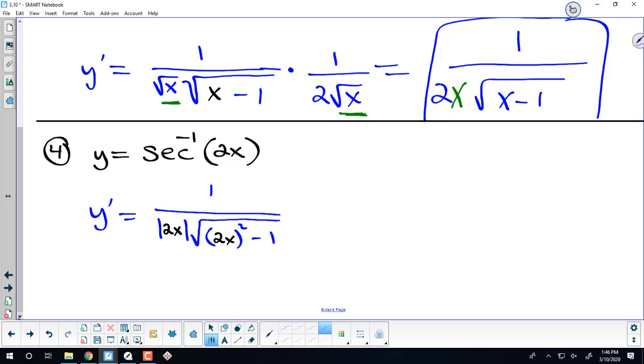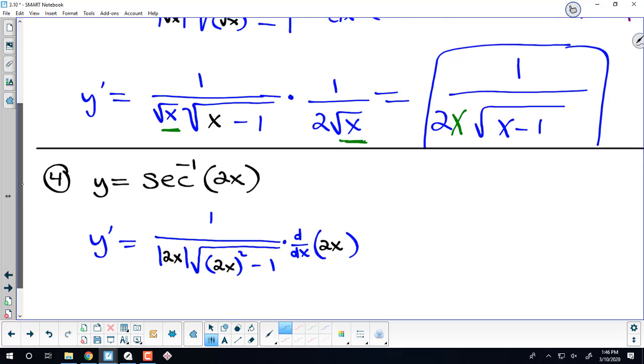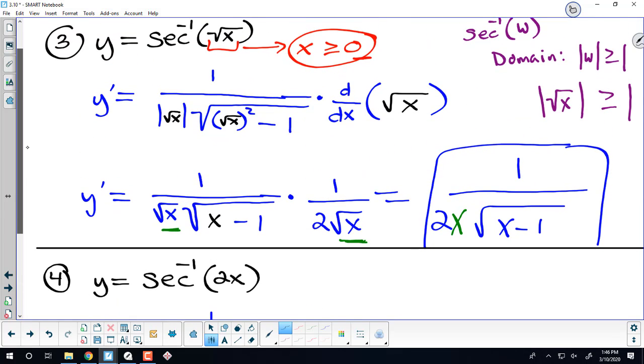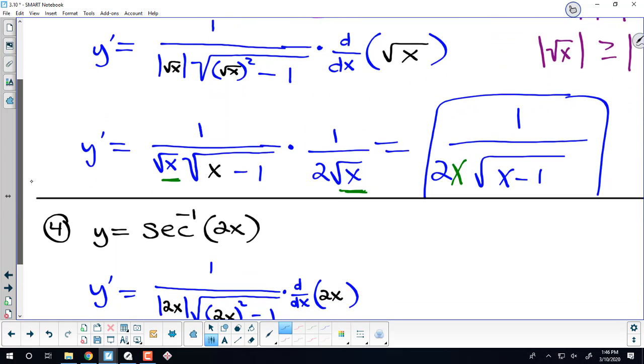We have the derivative of the inverse secant part right here with the inner function left alone, and then we have to multiply this by the derivative of the inner function by the chain rule. Just like we did with the square root as our argument: we still had that stuff, but then we had to multiply by the derivative of the square root.